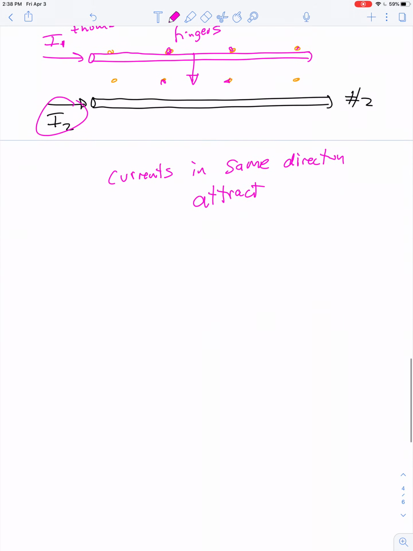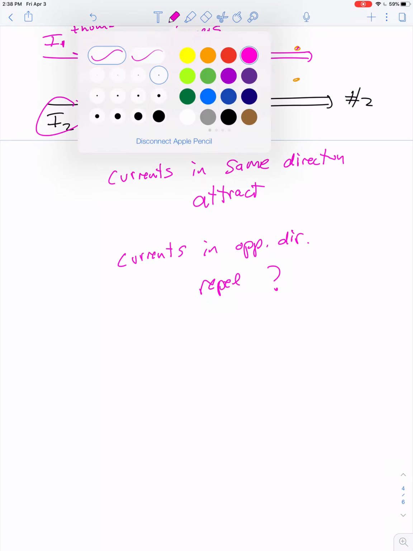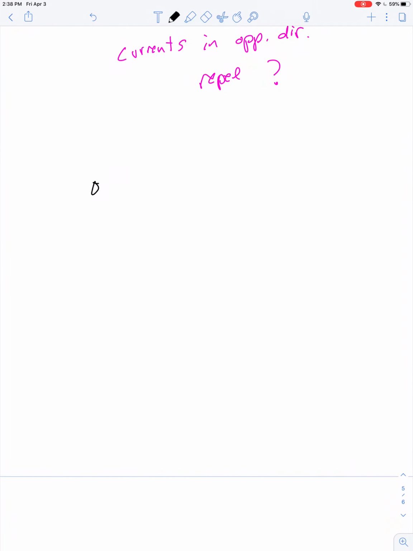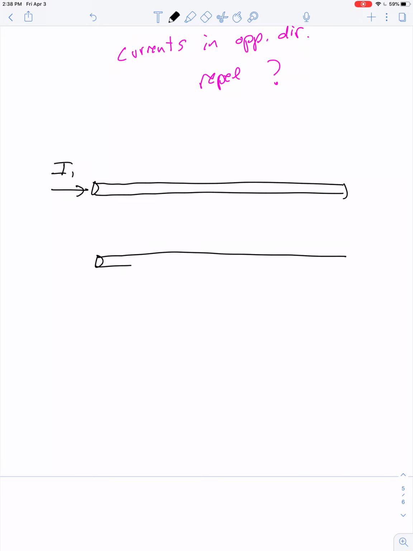So does that mean current in opposite directions has to repel? Let's leave that as a question for now and make an investigation on that. Let's say we've got wire number 1 with the current flowing to the right, and this time we have wire number 2 with current flowing to the left.